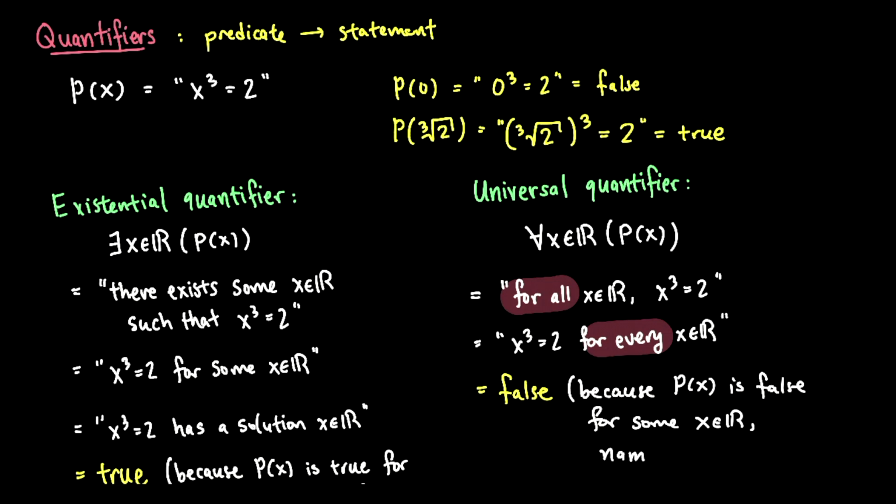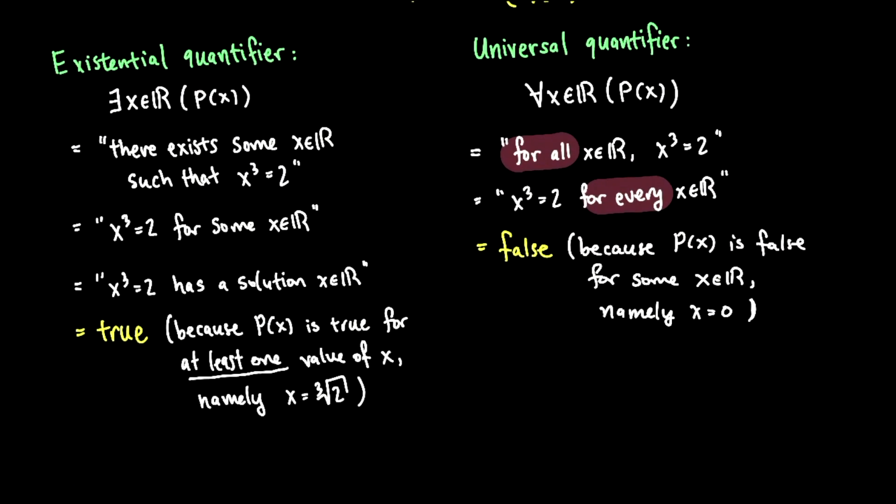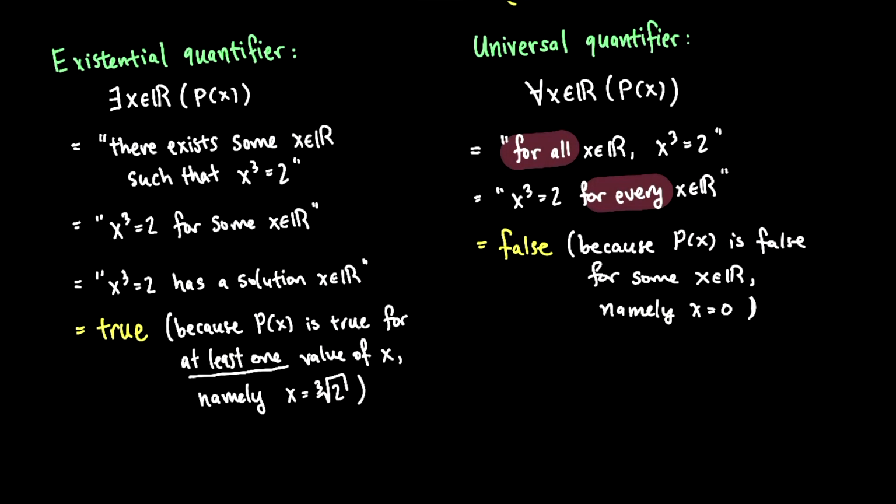Namely, in this case, you could pick really any number. Let's just say 0. You only have to give one example to show that the statement's false. So that's the two ways that you can quantify a predicate, the existential quantifier and the universal quantifier.